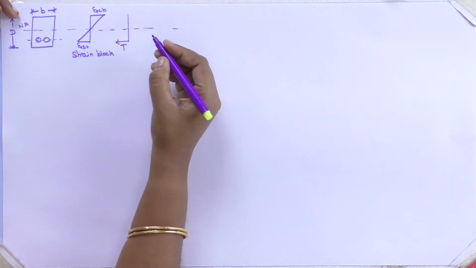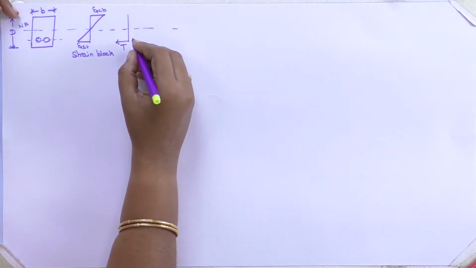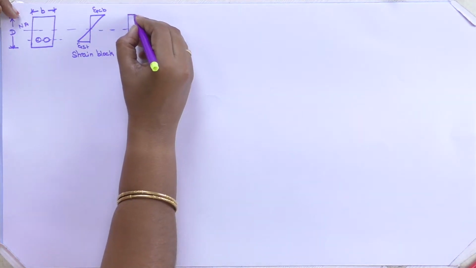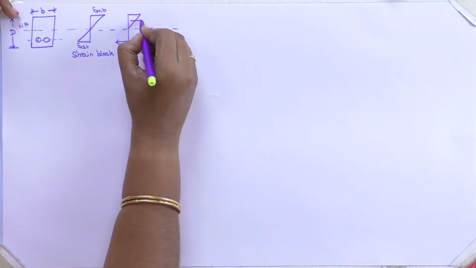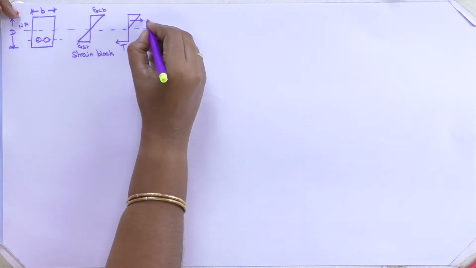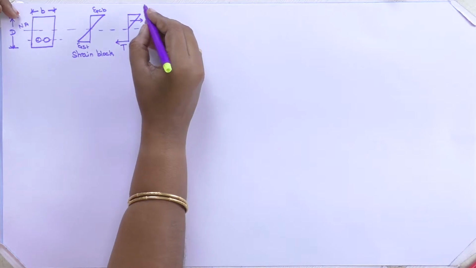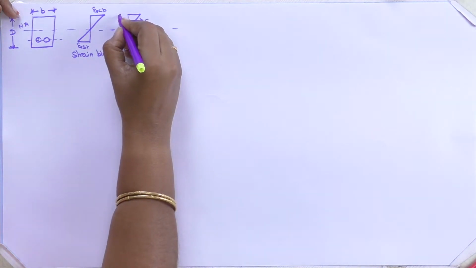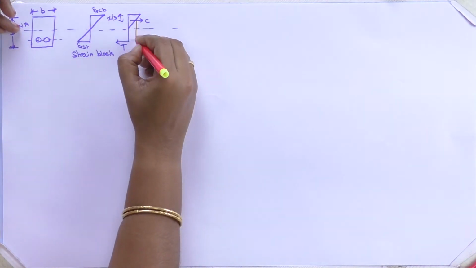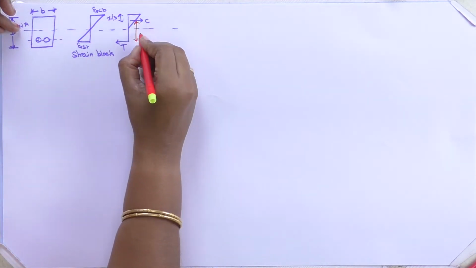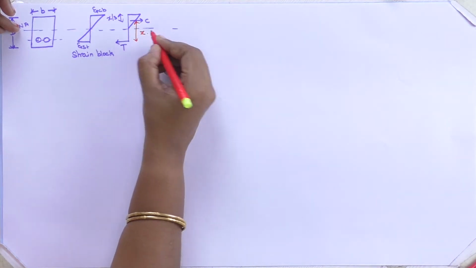This is T. This is the tensile force being acted on the steel. This is at the distance of x by 3. This is the lever arm distance Z.